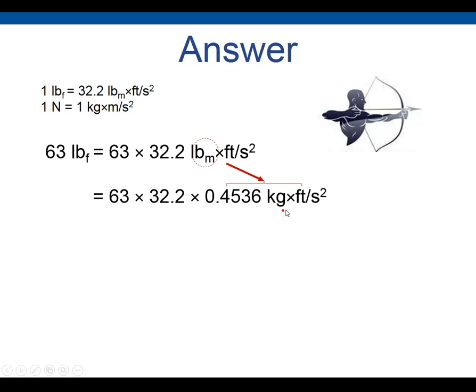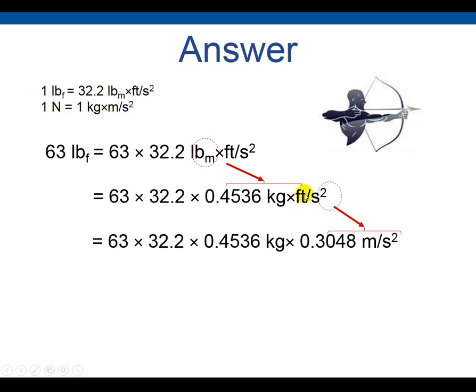Okay, and then next we can convert this feet to the meters. So 1 feet is 0.3048 meters. So what we need to do is just multiply these 4 numbers. Then we finally get 280 kilogram times m per second square. So this is actually, you can see, it's 1 newton, right? So this is newton. So the final answer is 280 newtons.